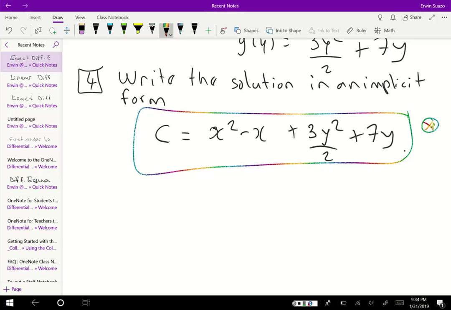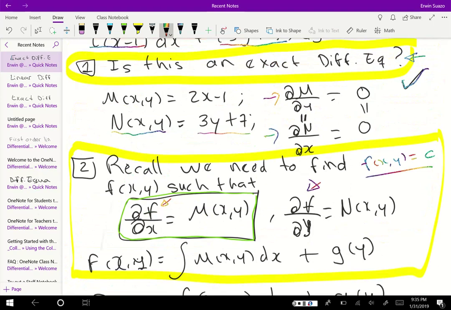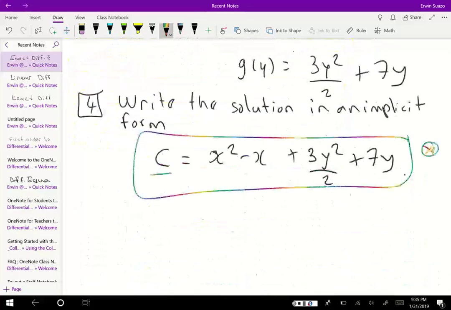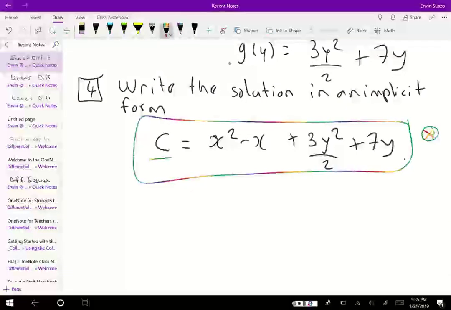So is this a solution? Well, let's verify my equation. The derivative on the right-hand side has to be 0. That will be 0, because look here, I have a 0 over here, right? And the derivative with respect to x has to give me M. That will give me 2x minus 1, and this is 0.